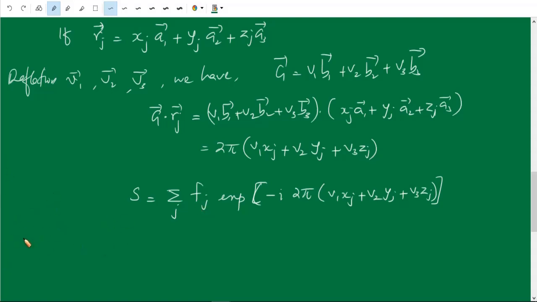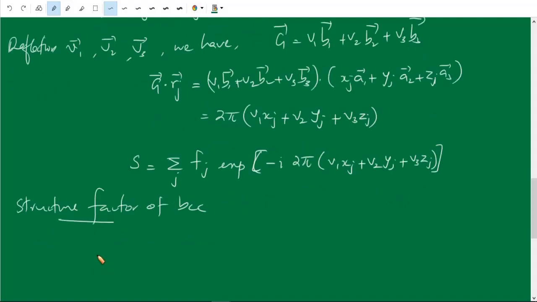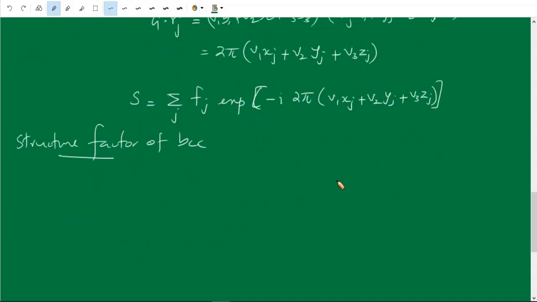Next is the structure factor for BCC, body centered cubic. We know that in a body centered cube there are effectively 2 atoms in a unit cell.